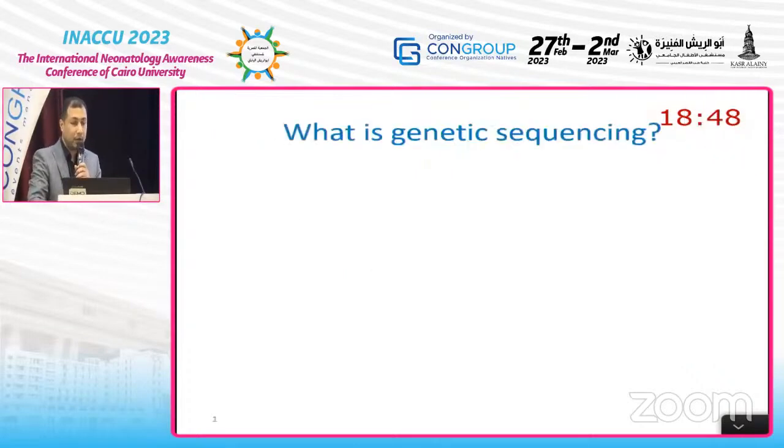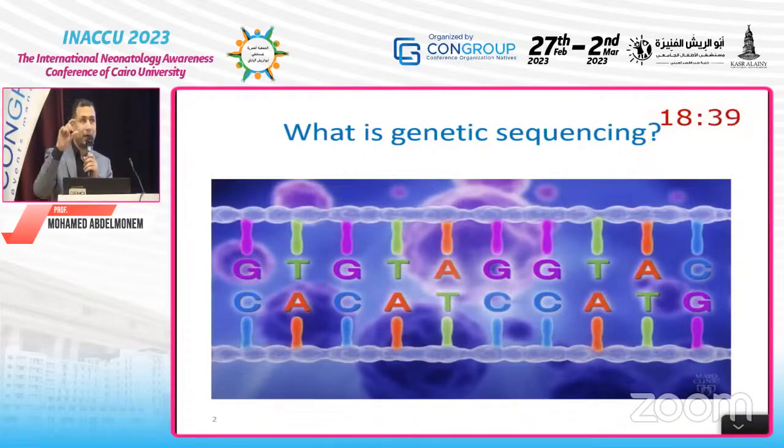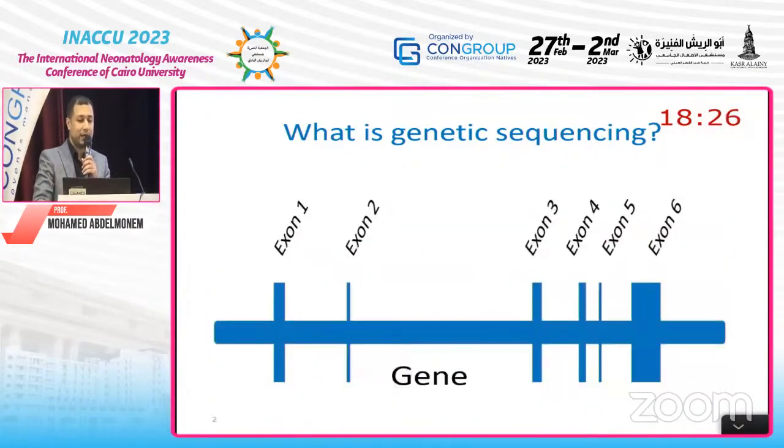What is genetic sequencing? If we can remember, we have the nucleotide bases in our DNA, which are adenine, thymine, cytosine, and guanine. They form the basic structure of our DNA, and thousands of these bases together can form genes.